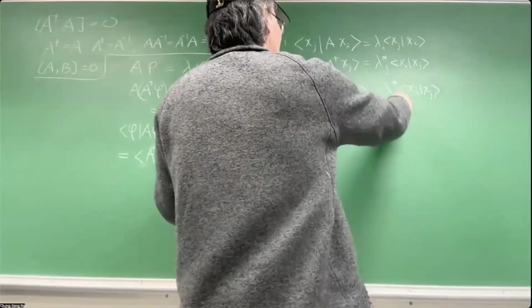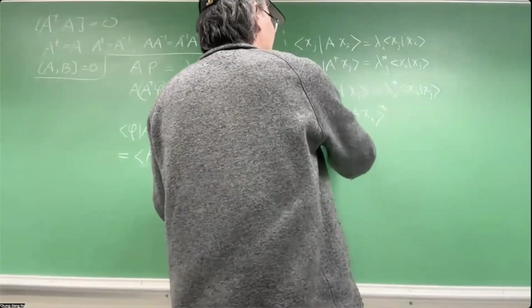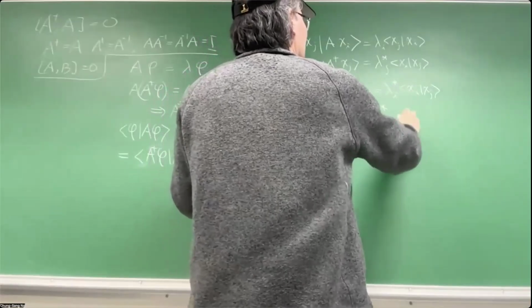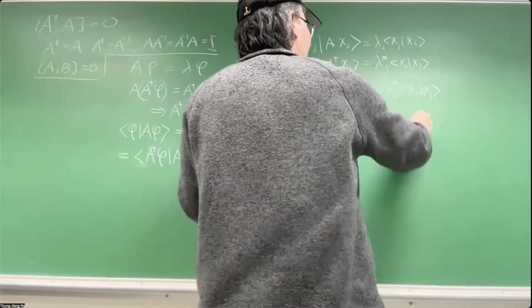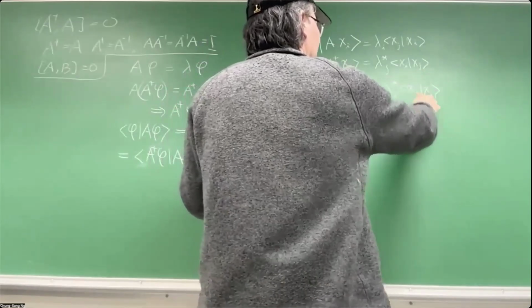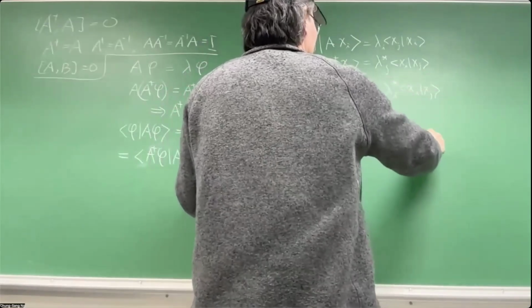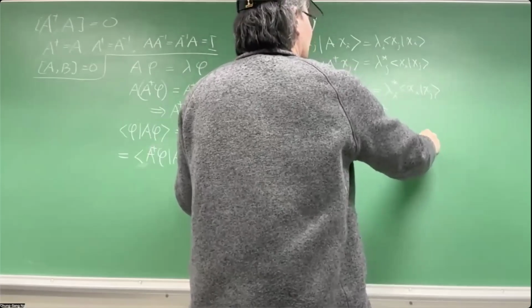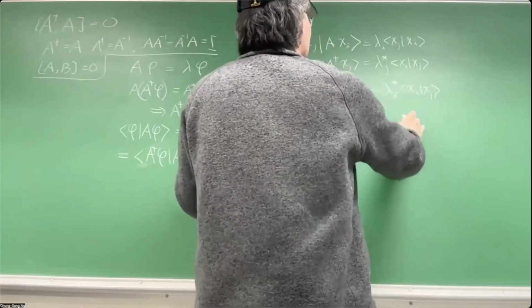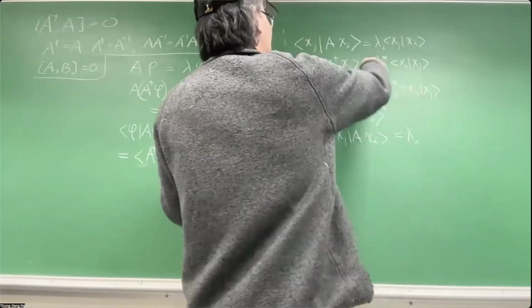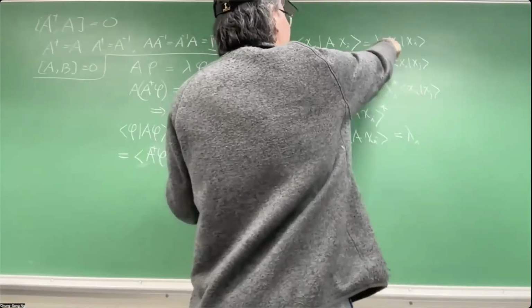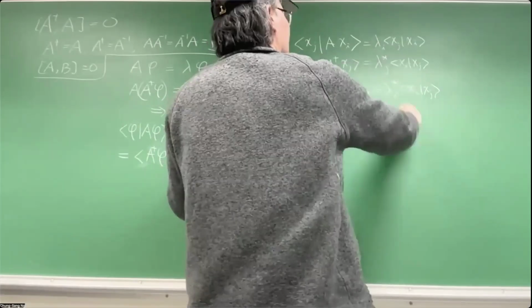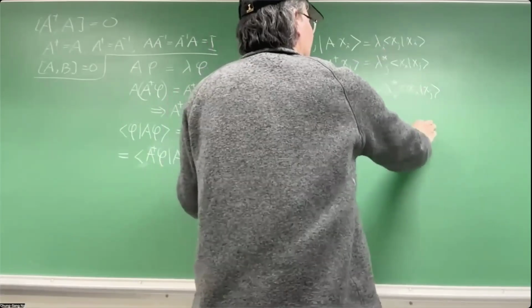Now we use the eigenvalue: A operating on x sub i becomes lambda sub i, and you can take that out.